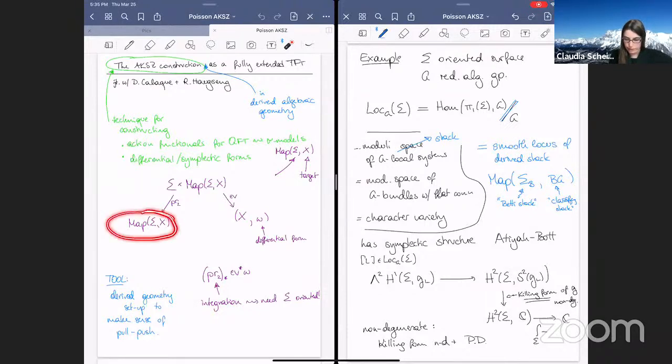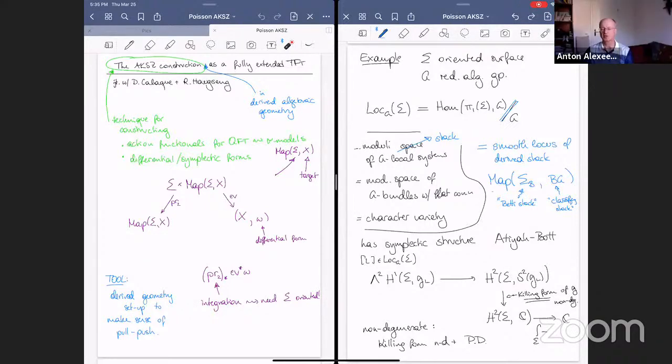And my claim is that this procedure of getting this symplectic form on the G-local systems is exactly an instance of this pull-push procedure for this situation. One more question. Is the Betti stack an Artin stack? Yes, so that's something one has to prove, but yes.